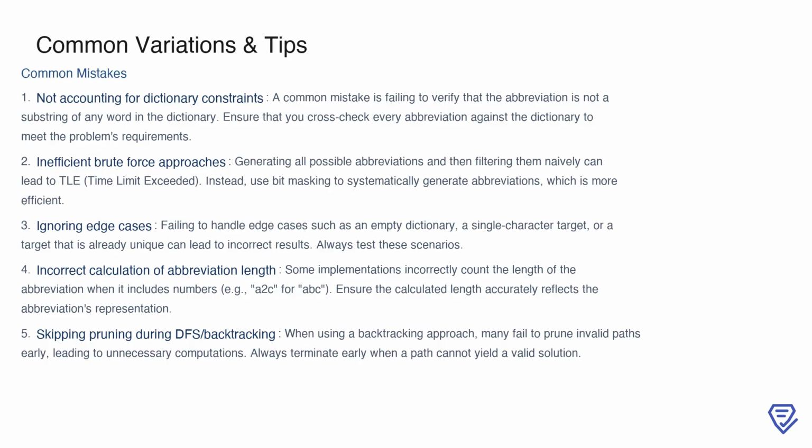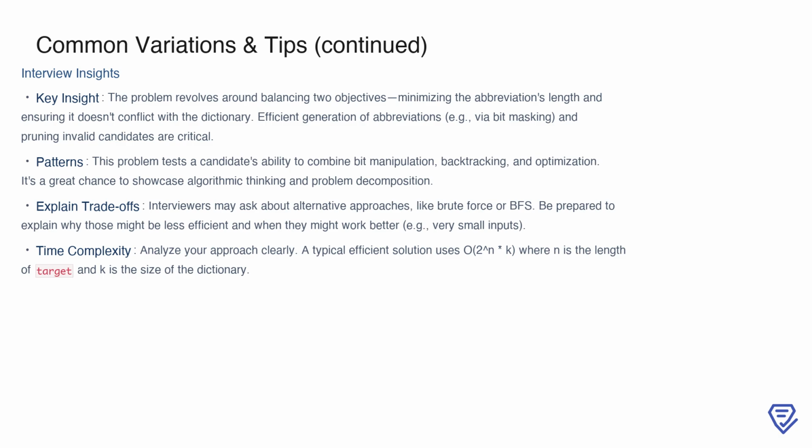Now, let's consider some insights that are particularly useful in an interview setting. The core of this problem lies in balancing two objectives: minimizing the length of the abbreviation while ensuring it doesn't conflict with the dictionary. Efficiently generating abbreviations, such as through bit masking and pruning invalid candidates, is critical to achieving this balance.